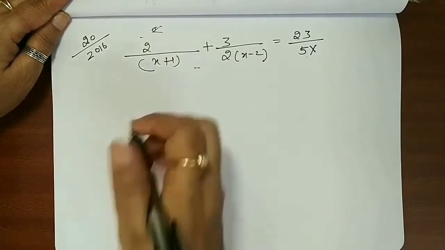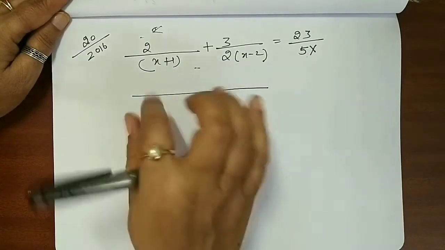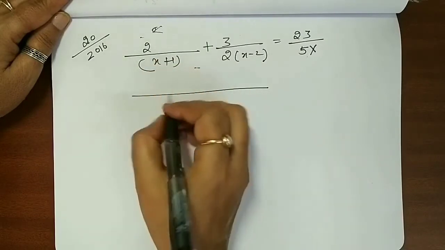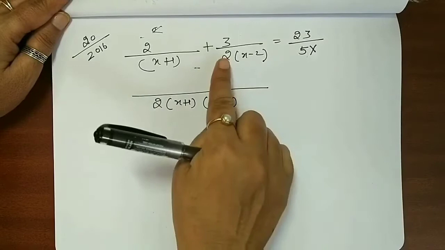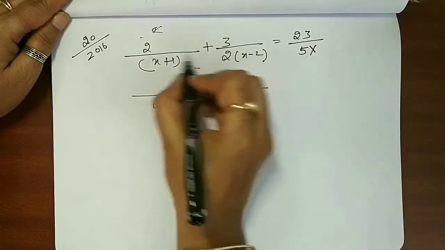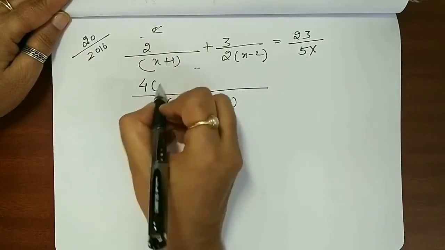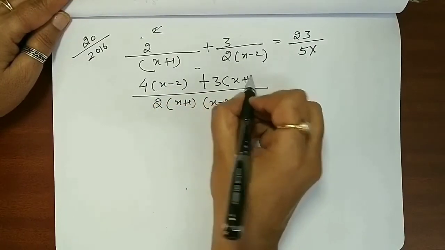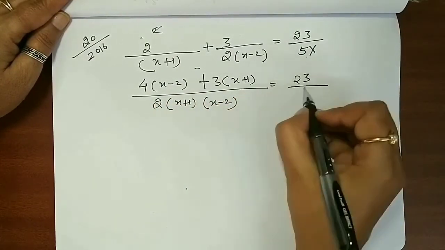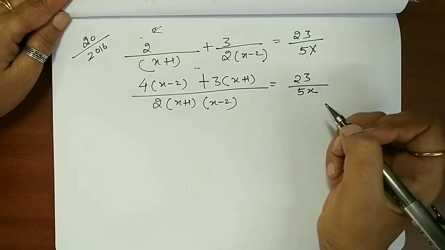So how we will do, guys, let's take LCM. LCM is usually the product of these two. So twice of (x plus 1)(x minus 2), this into this. So this into this will be 2 2s are 4, (x minus 2) plus 3 (x plus 1) is 23 by 5x. Okay.